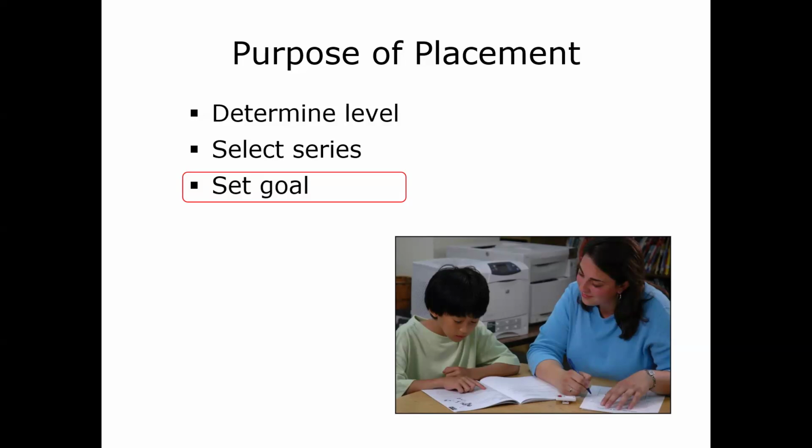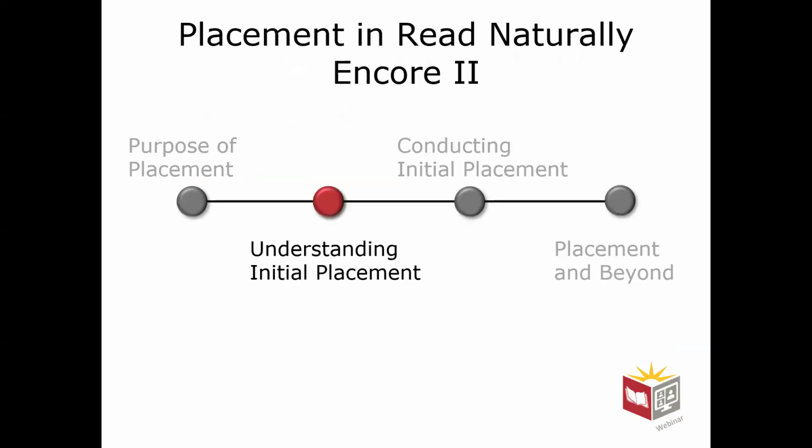So after they've read along, done their cold timing, after they've read along with the audio CDs, after they've practiced over and over on their own, when they read for you on that final pass timing, the story goal is what they have to prove to you that they can meet in that pass timing. That is initially set during placement.